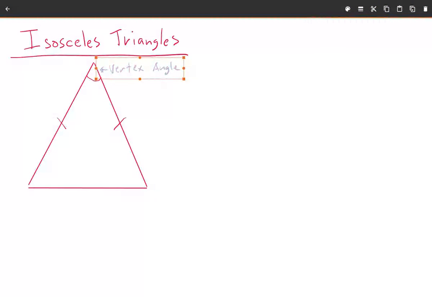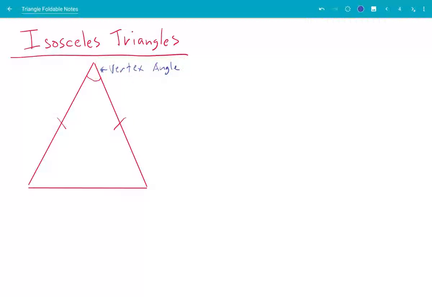Okay, that's the vertex angle. These are the legs. The legs. And this down here we call the base.